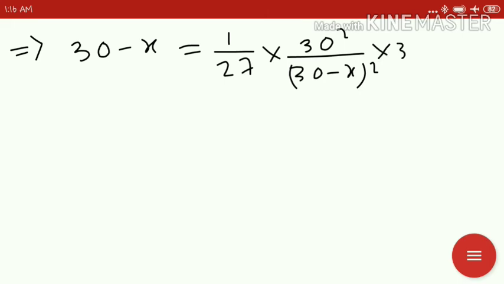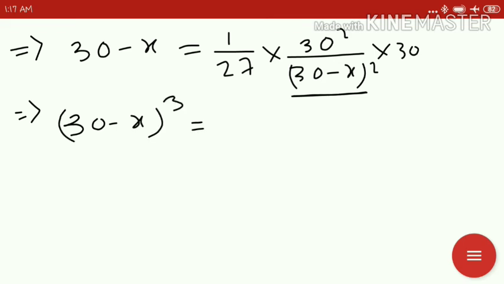Now I am going to calculate x, so I will take the x-containing part to one side. That means this (30 minus x) whole square will be taken to the left side. Then it will become (30 minus x) whole cube equals 30 cube.